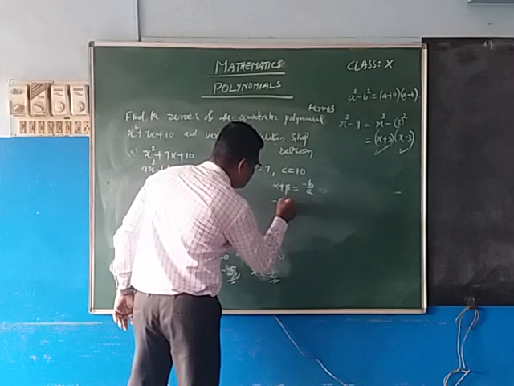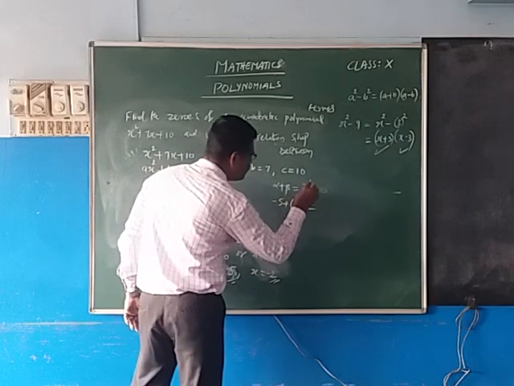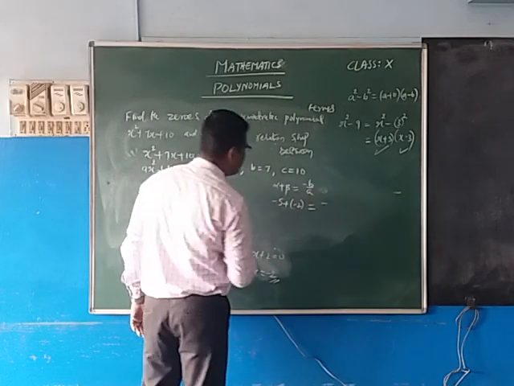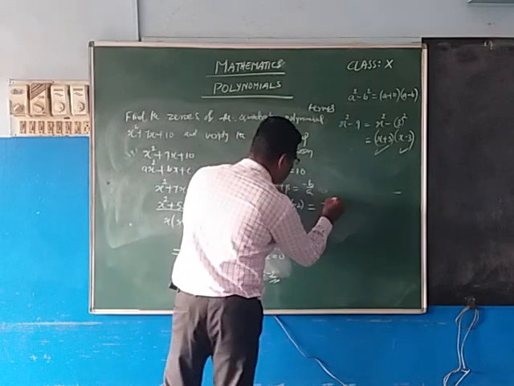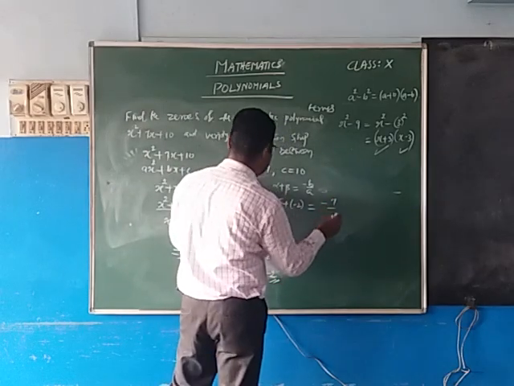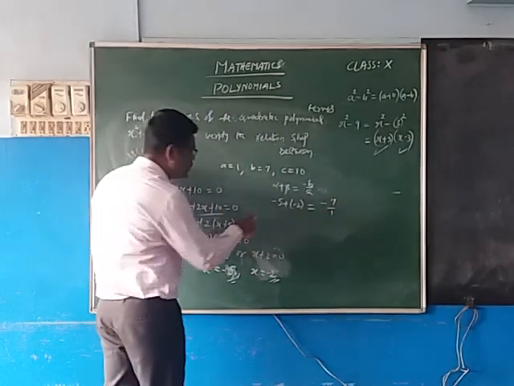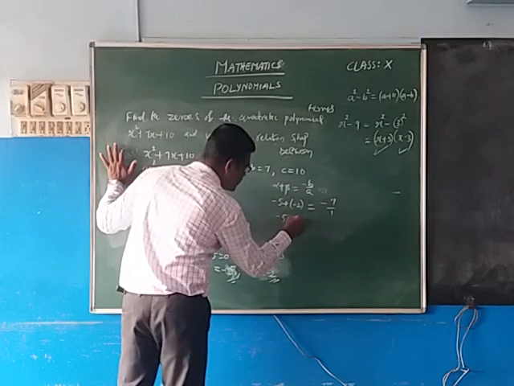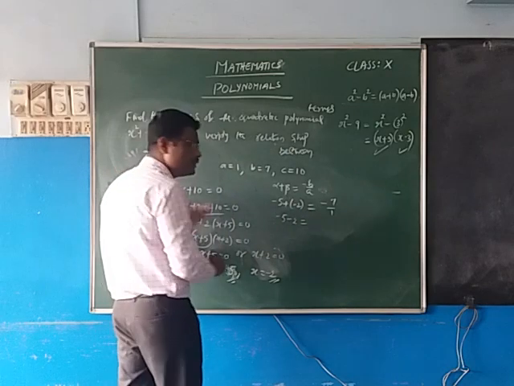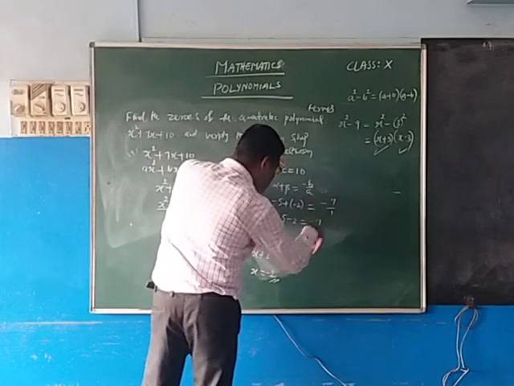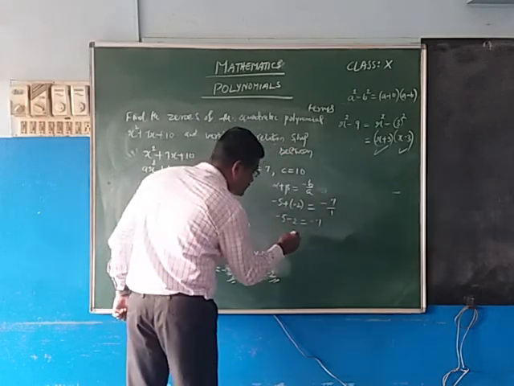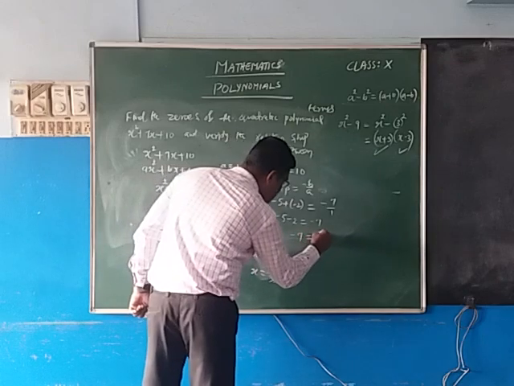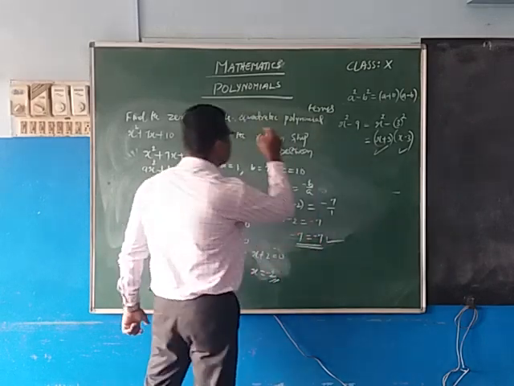So minus 5 plus minus 2 is equal to minus b by a. What is the meaning of minus b? Minus 7 by a, which is 1. So minus 5 minus 2 is equal to minus 7 by 1, which is minus 7. That is equal to minus 7. This is called verification.